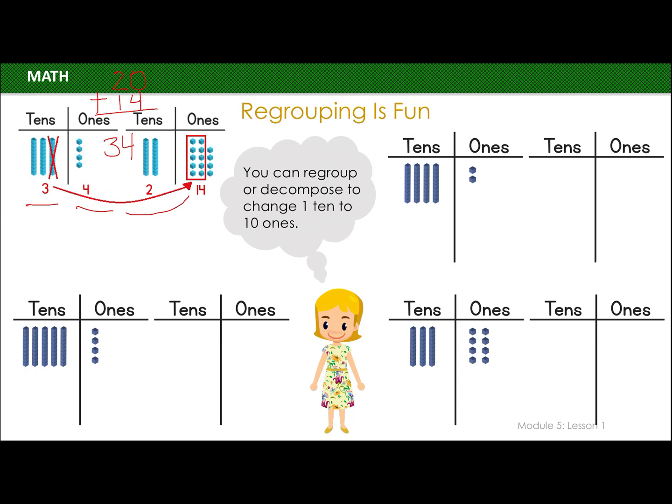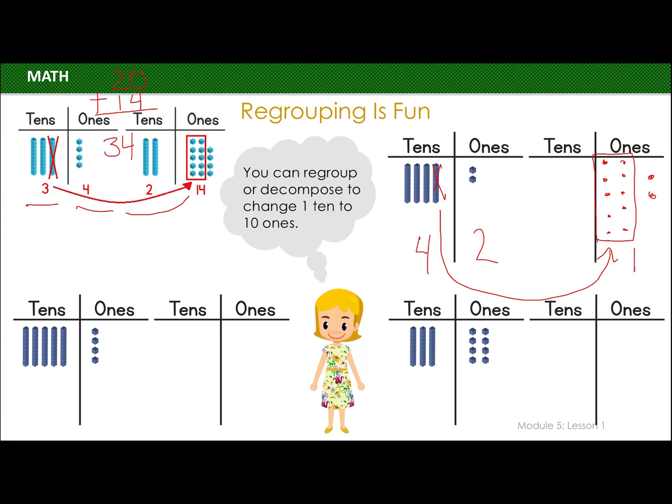So if you look at the first problem, you have 4 10 sticks and 2 ones. 4 10 sticks equals 40 plus 2 is 42. So I'm going to take away one of these 10 sticks, and I'm going to regroup that 10 stick into 10 ones. So there's that one 10 stick regrouped into 10 ones, and I still have those 2 from before.